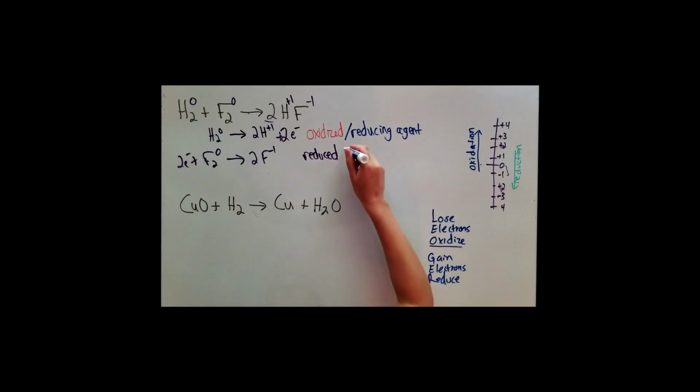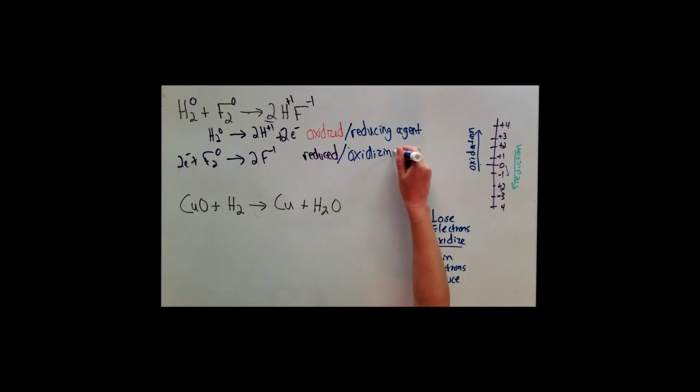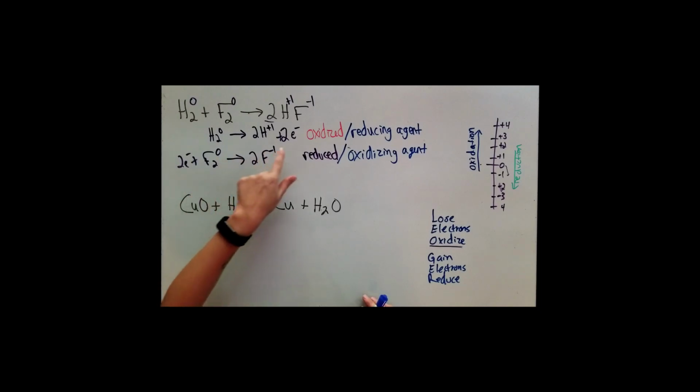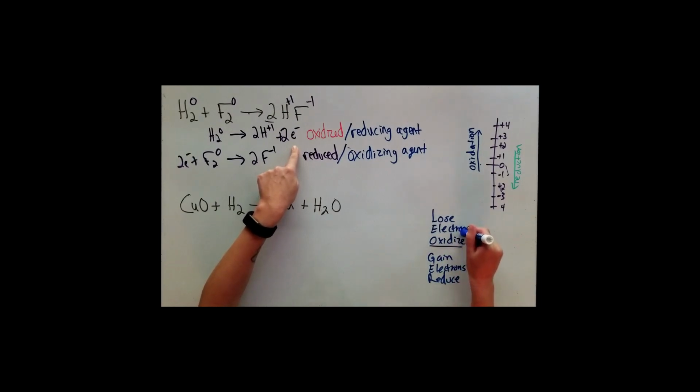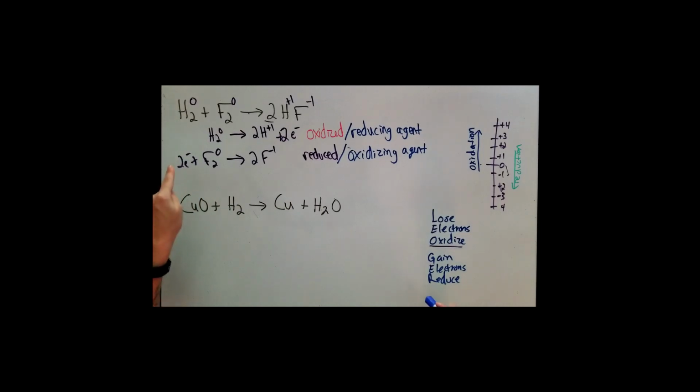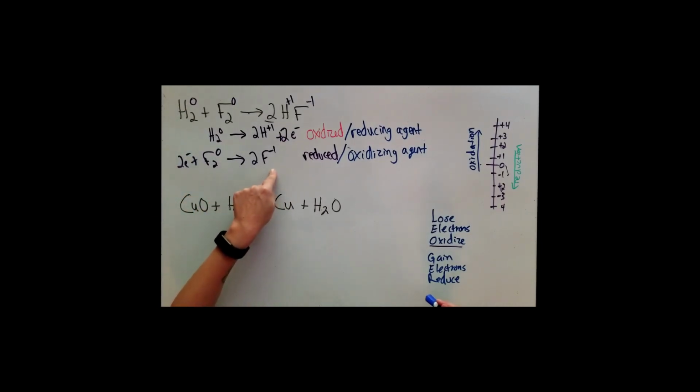For fluorine, it is reduced, so that means it must be the oxidizing agent, because it is oxidizing hydrogen. This is why they're happening in pairs. The 2 electrons that hydrogen is losing, because it's oxidized, it's giving to fluorine so that fluorine can become a -1 anion.